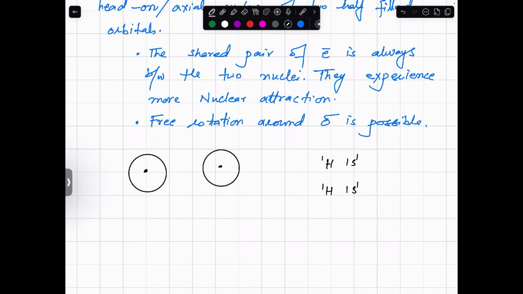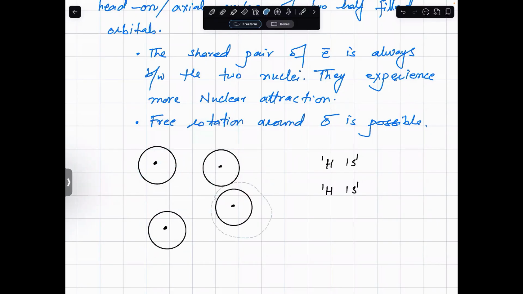If these two hydrogen atoms get close, their s orbitals will overlap, right? When they overlap, what will happen? Look, if I bring them close, like this is one, and this is the other that is coming closer.